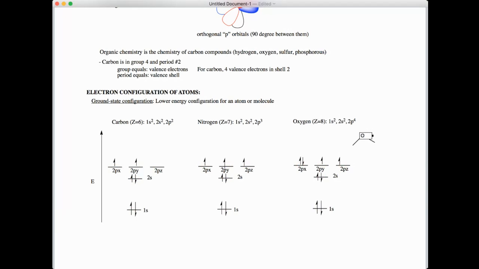So remember, Rachel, the question was how many bonds can an oxygen form to be neutral, right? So 2 orbitals are already full. That's going to be lone pairs. So it can only accept 1 electron here and 1 electron here. So it can only form 2 bonds to be neutral.